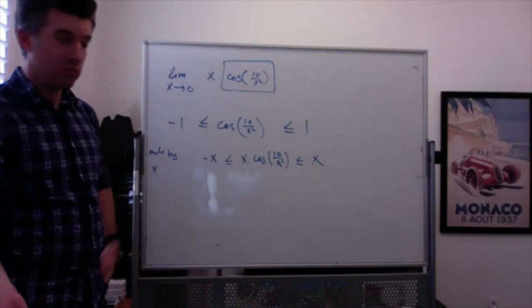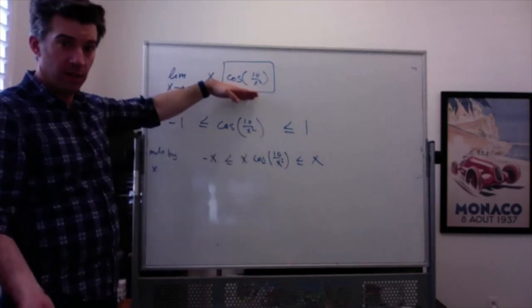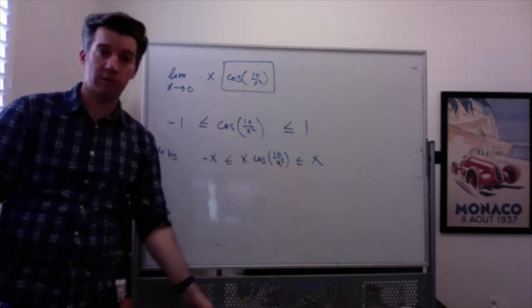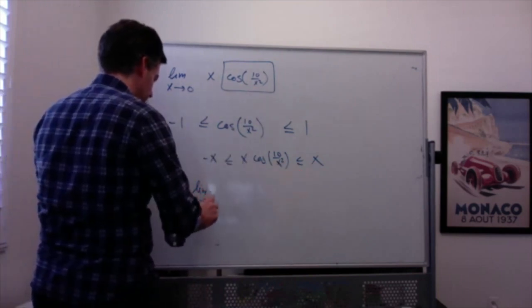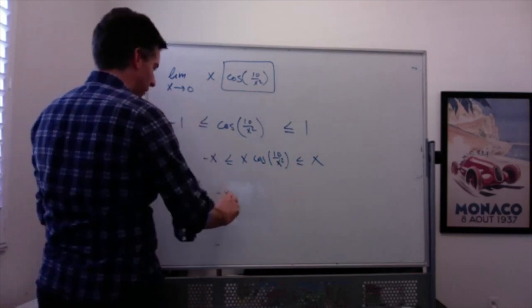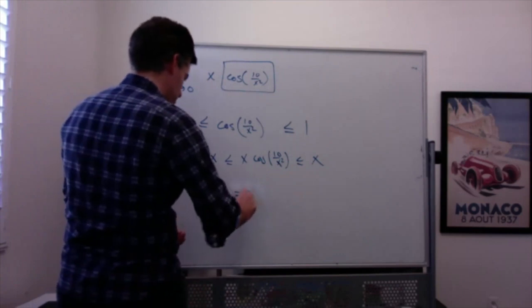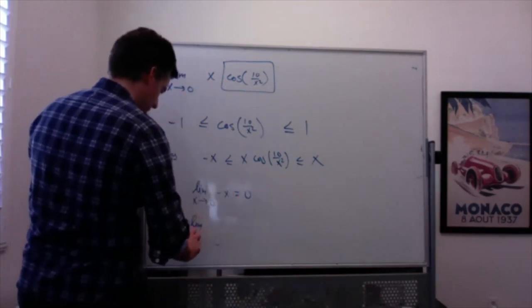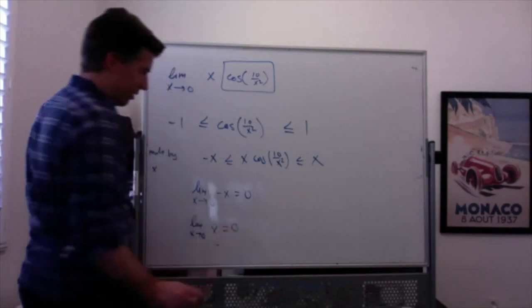And then, once the middle part looks like the thing you're trying to take the limit of, take the limit of the outer parts. So the limit as x goes to 0 of -x is just 0. The limit as x goes to 0 of +x is also just 0.